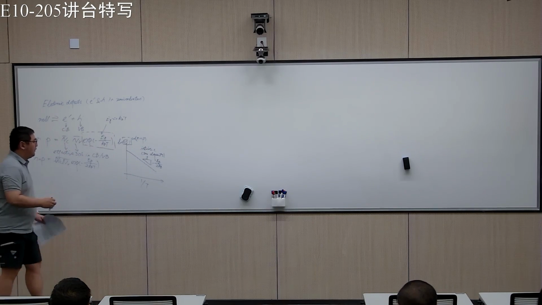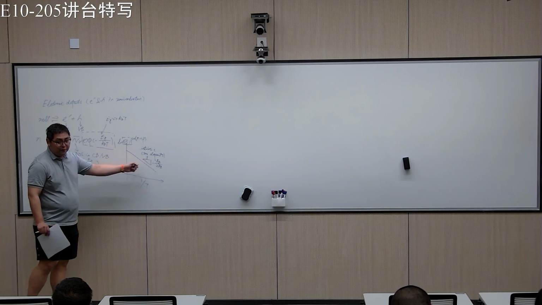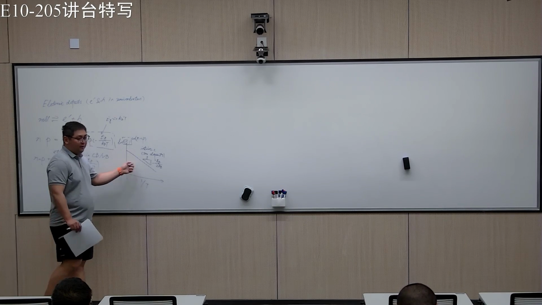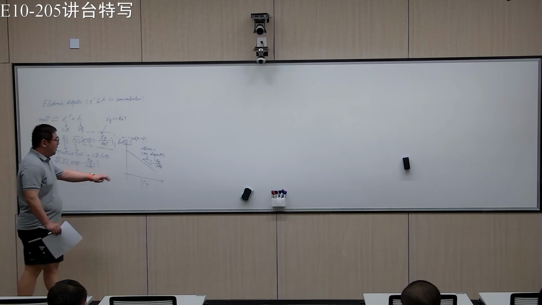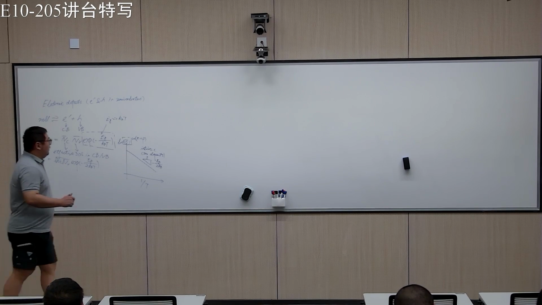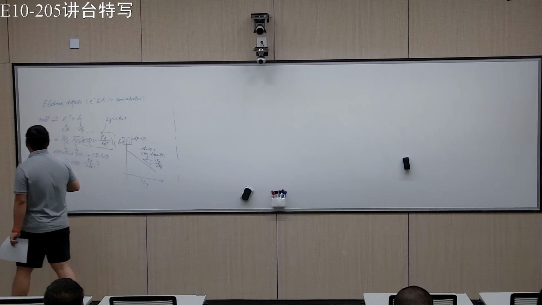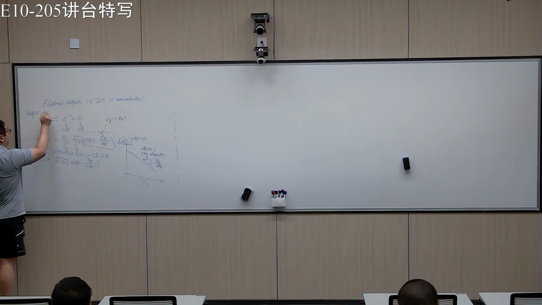So as you can see, in the intrinsic region, the higher the temperature is, the higher the conductivity of the semiconductor is, simply because you have more electrons and holes. Okay, so this is basically treating electrons and holes as point defects, using the defect chemical reaction.